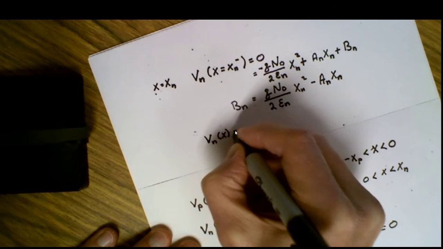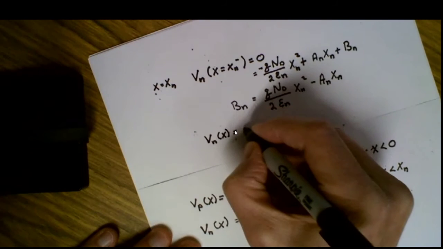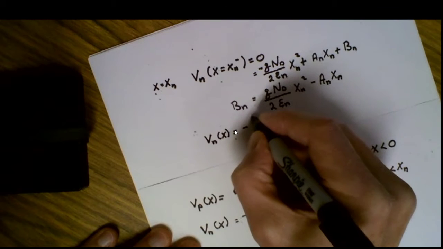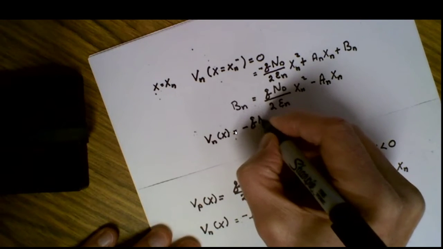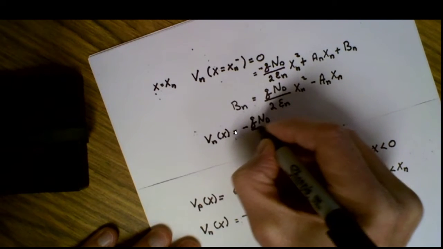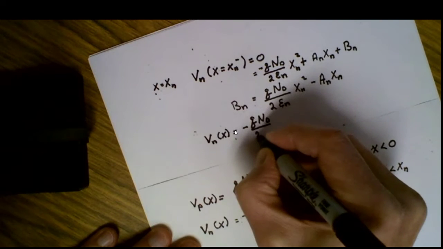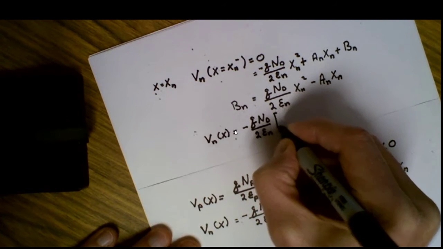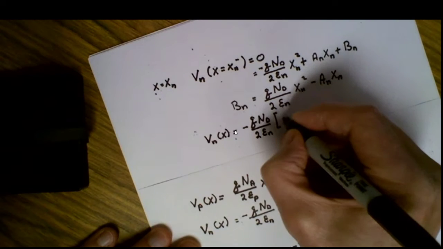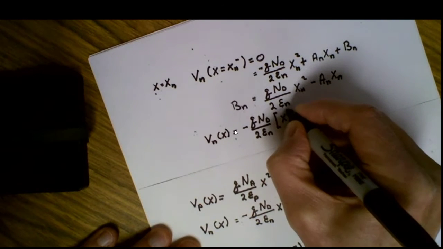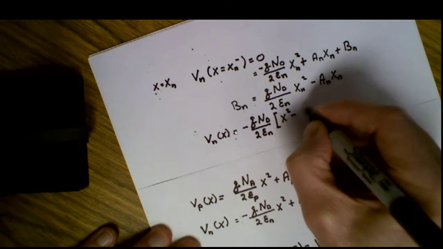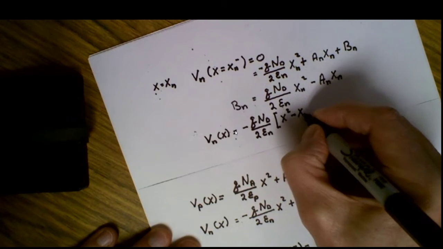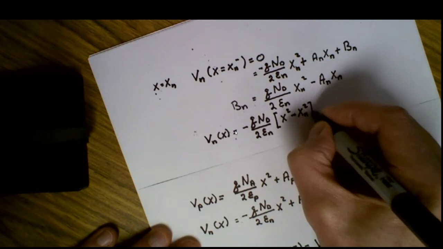And this is going to be equal to minus q times n sub d divided by 2 times the permittivity epsilon sub n times x squared minus x sub n squared.